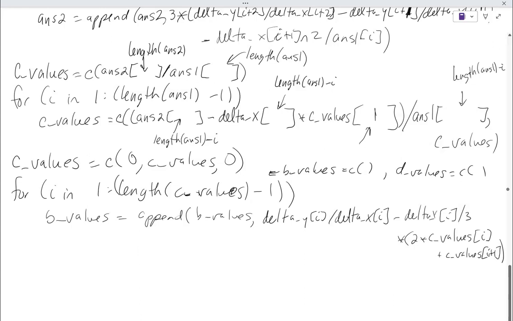This is just the formula, correct? Once we have this set up this way, that is the formula. So I just need to convert it over to code, right? The ith b value is the ith ratio of deltas minus the ith delta x over 3 times the 2ci plus ci plus 1. That's just a matter of getting the code written up for what we have for the formula, right? And the same thing for the d's, correct?